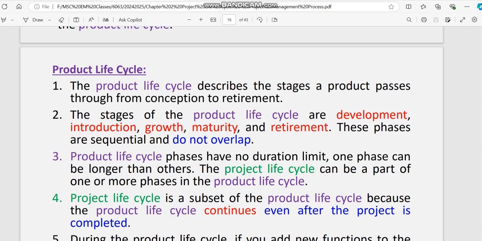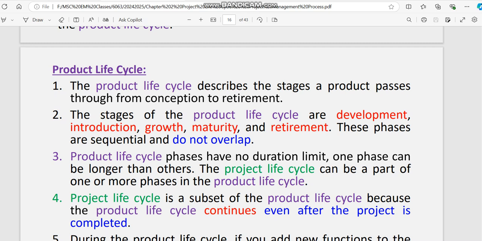Basically, the project focuses on the work itself, the processes itself, whereas the product focuses on the specific parts or components. And if we talk about stages, the project life cycle has different stages and phases, like what we mentioned just now.